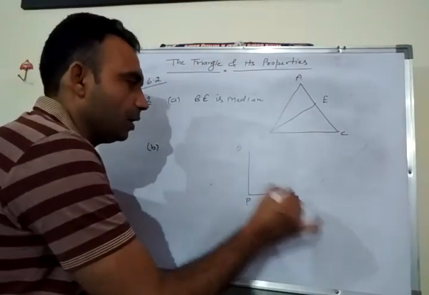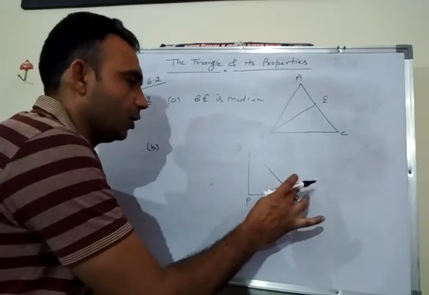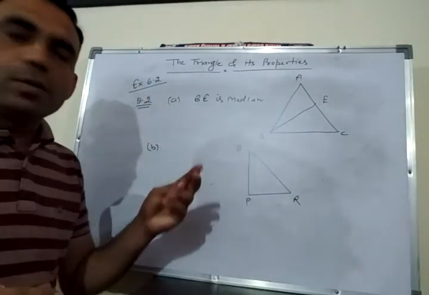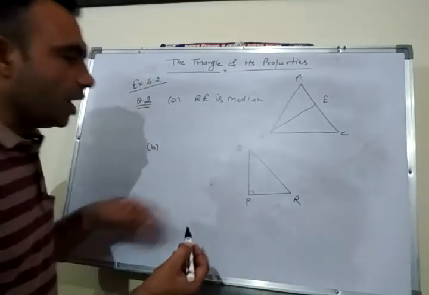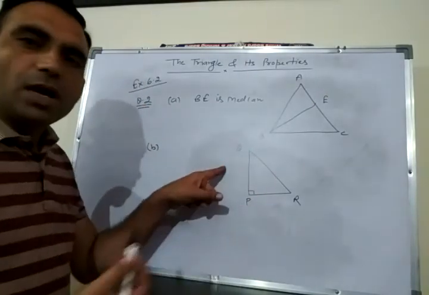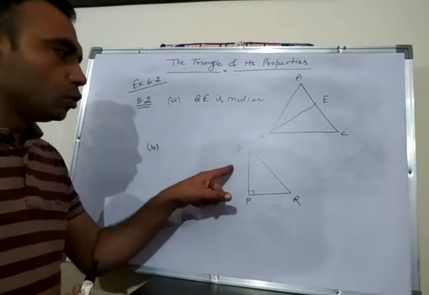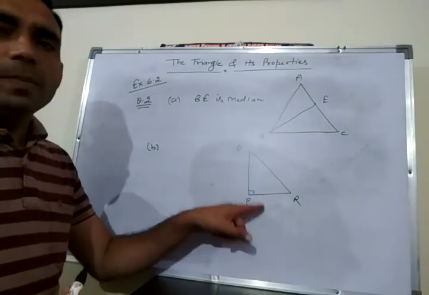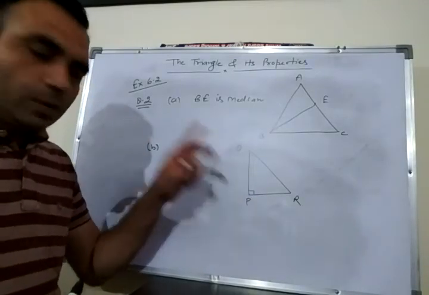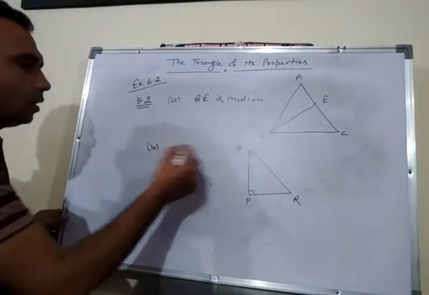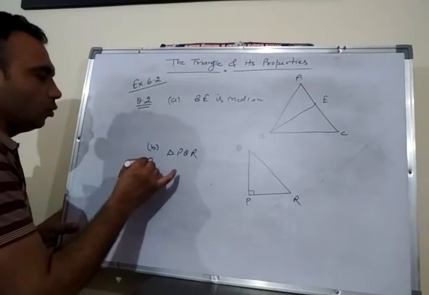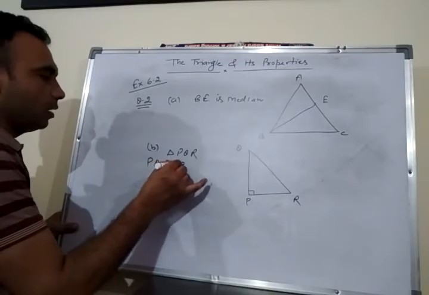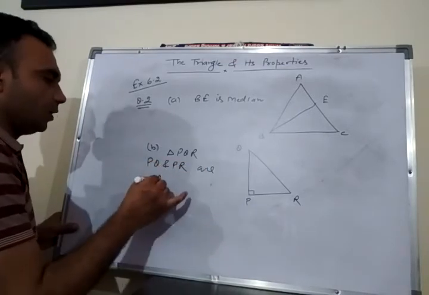What is an altitude? Joining at 90 degrees. So PQ is 90 degrees to PR and PR is 90 degrees to PQ. So PQ and PR both are the altitudes of triangle PQR.